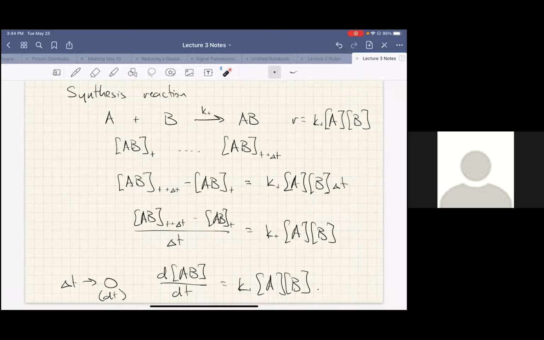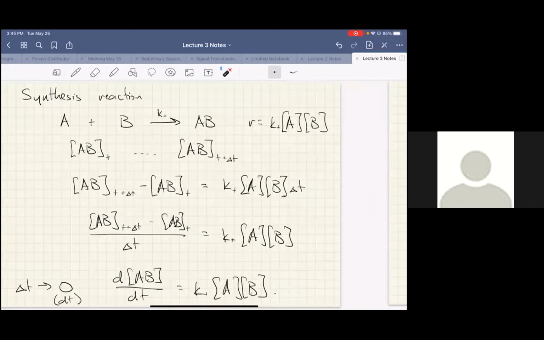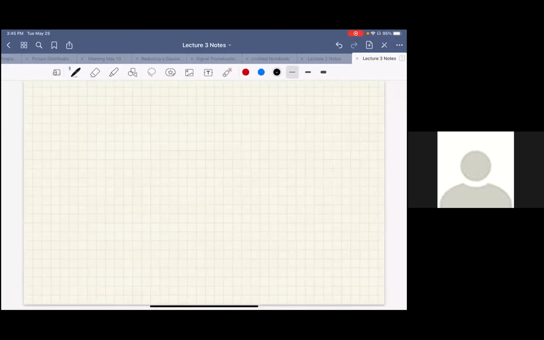Then we'll have the change in concentration of A and the change in concentration of B as a function of the concentration of AB. Now, we have a product of A and B here. So in that system of equations, this will end up being a nonlinear differential equation, which is not great. Let's first consider a simpler system.